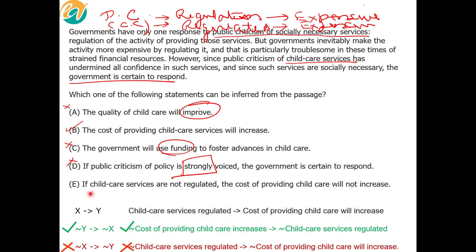We cannot conclude that. But that's exactly what Edward is saying. If childcare services are not regulated, the cost of providing childcare services will not increase. So this is something that we already discussed. We cannot conclude. All right. Okay. So Baker is the right answer.